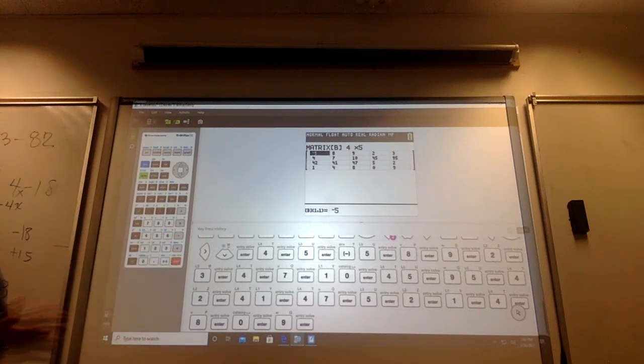So I just put in whatever values. You can put whatever values you want. Just make sure your dimensions match mine. So we have a 4x5.